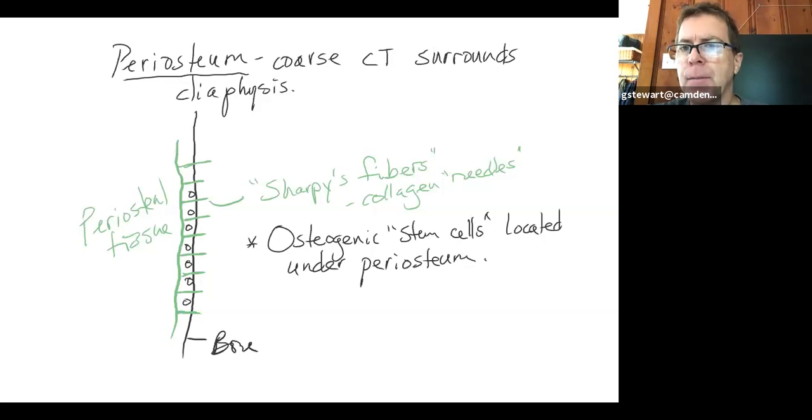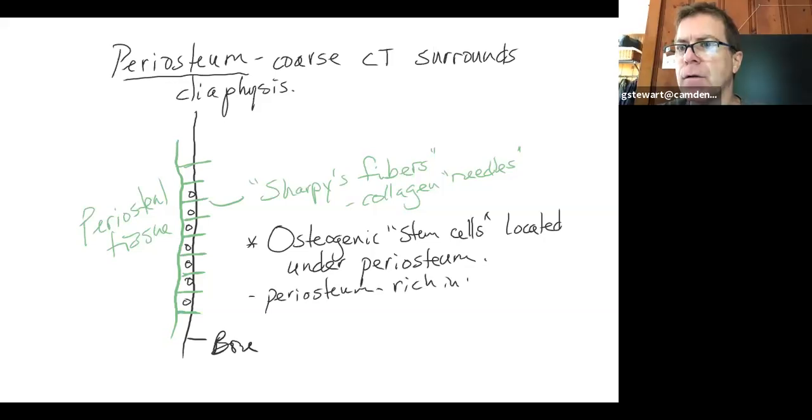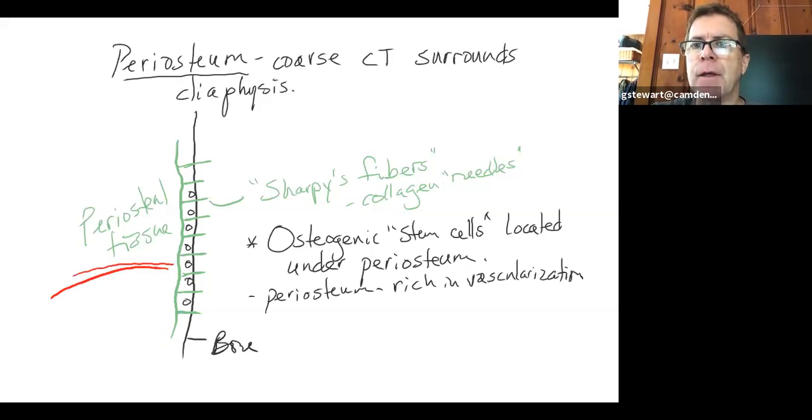Also the periosteum, these are functions I'm listing, is rich in vascularization. Really what that means is it provides a route of blood vessels to the bone itself. So if we have the main nutrient artery, it enters the periosteum and it also then enters the bone. And it can also branch. So the periosteum is rich in vascularization and also nerves.